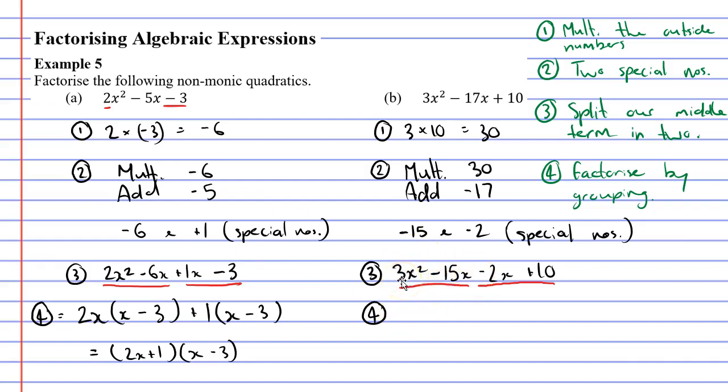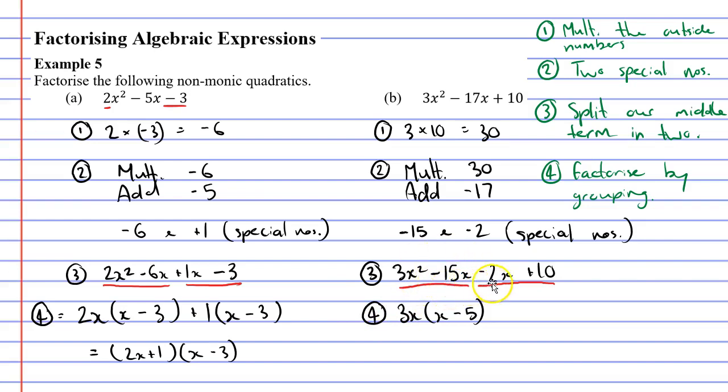Well, 3 fits into both 3 and 15, so I'm going to factor out my 3. And I also need to factor out an x. 3x times x will give me 3x squared. And then 3x times minus 5 will give me minus 15x.